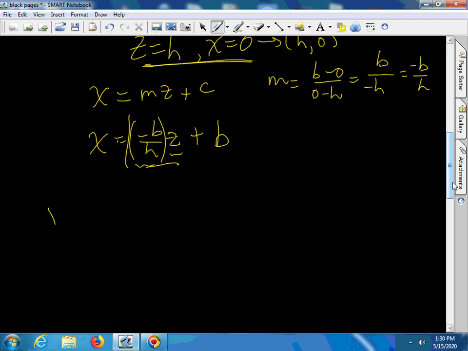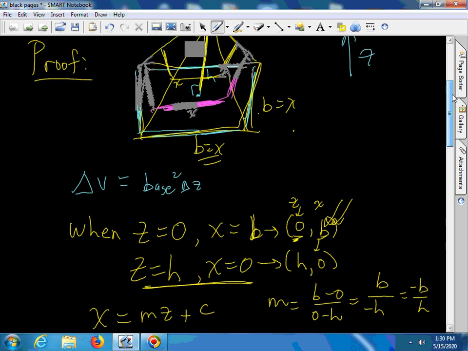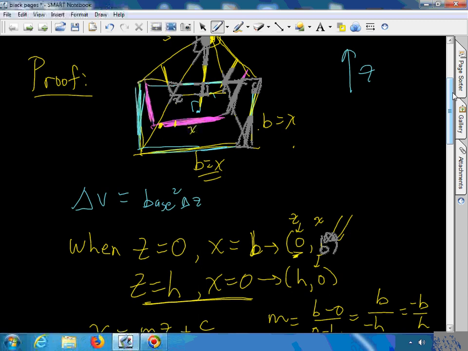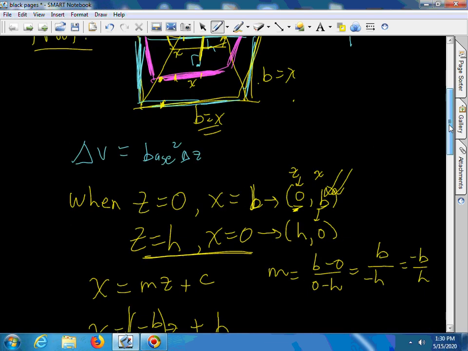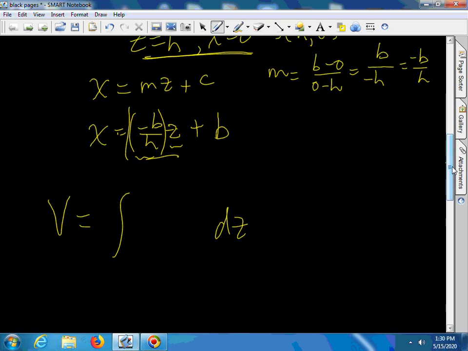Now, the volume is equal to, well, the delta, hold on please. The thickness, since it's going up, that's going to be delta z. And the limit becomes dz. And z goes from 0 to h.